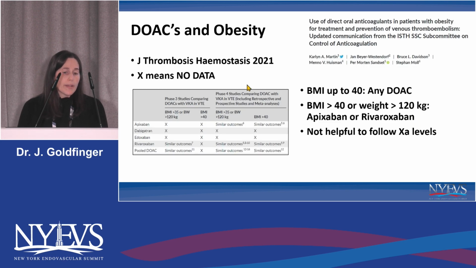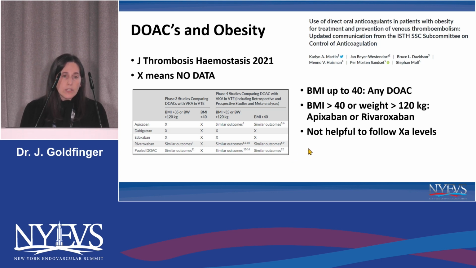So the question of DOACs and obesity has come up and continues to come up a lot in terms of drug choice. In the original trials, the only oral anticoagulant that was studied in BMIs over 35 was rivaroxaban. None of them addressed patients with a BMI over 40. And then in post-marketing data, both rivaroxaban and apixaban were used in patients whose BMIs were over 40.